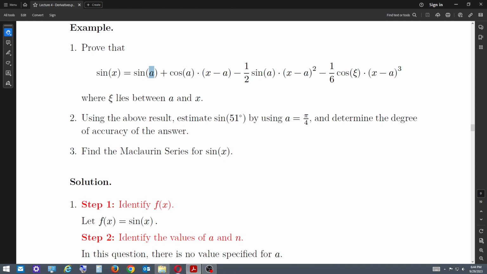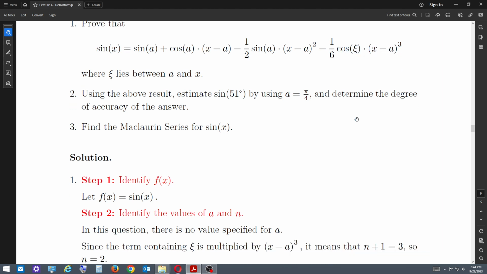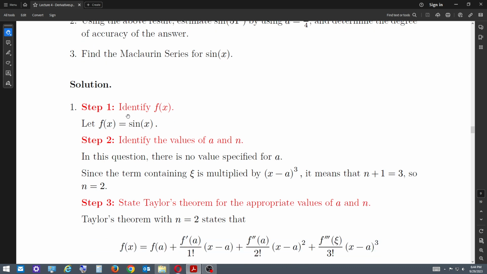But right off the bat, I know that f of x is going to be sine x. I don't have a value of a, so I have to leave that arbitrary. And also n is going to be 2, because I take the power corresponding to this term and subtract 1 from the power. So f of x is sine x. There isn't a specific value for a, but we know n is 2.